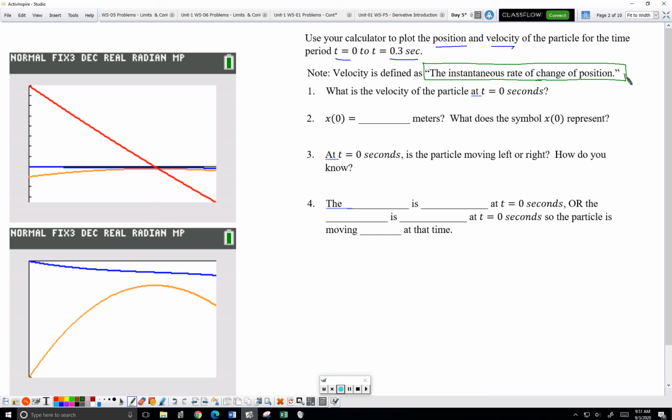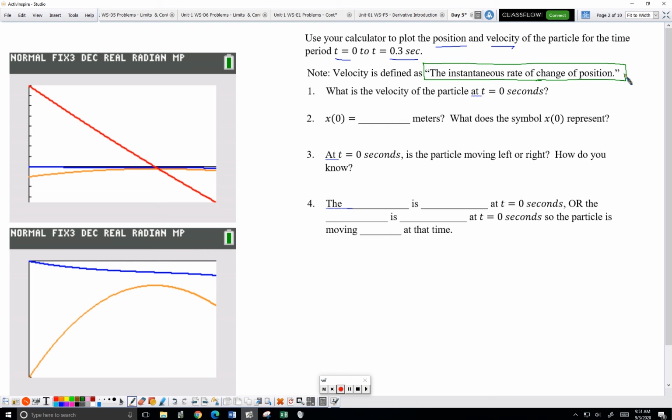Can you say that definition again? Right here, it's in your notes.